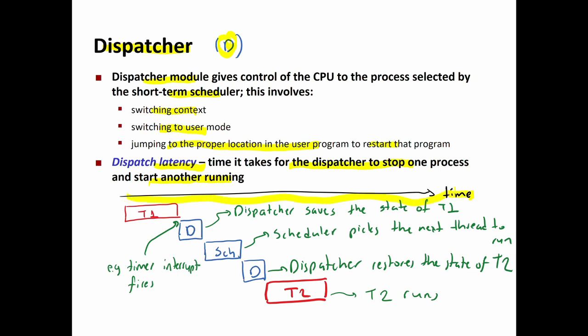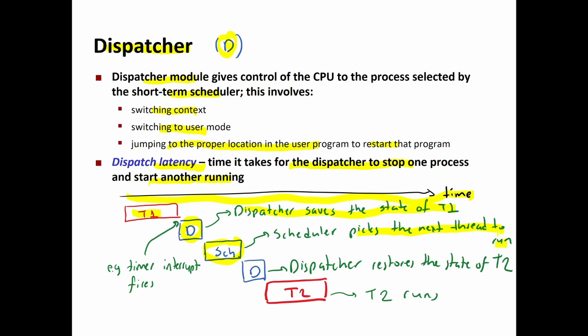Here is the time axis for this whole thing. Time goes from left to right. Thread one is running, and maybe it decides to stop. It can be because the timer interrupt fires, or maybe thread one goes for I/O, and at that time the dispatcher saves the state of T1. This is where the dispatcher runs, and once it saves, then the scheduler runs. It picks the next thread to run, and let's say it picks thread 2.